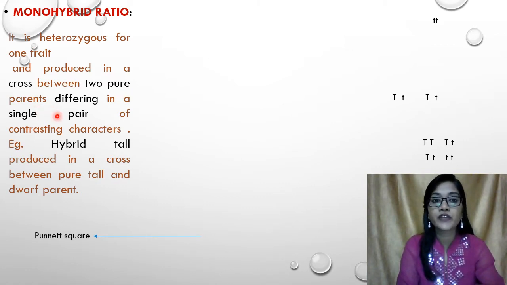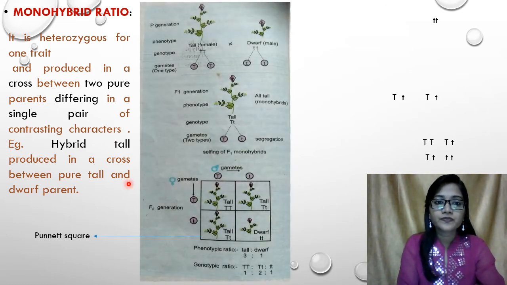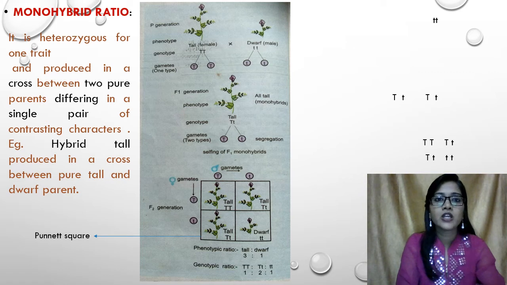If you remember the previous slide, where two pure plants were crossed and we got a heterozygous plant carrying capital T and small t. So between two pure parents differing in a single pair of contrasting characters, we got a hybrid tall, if you remember. This is the diagram where P stands for the parental generation, the female plant and the male plant.